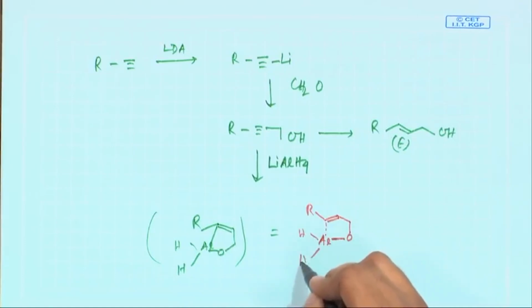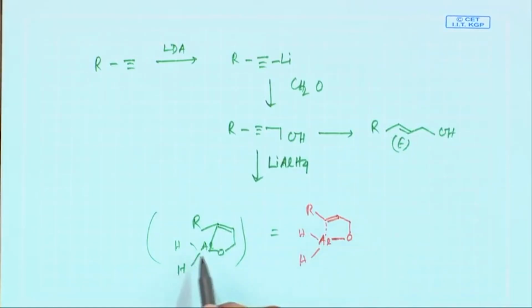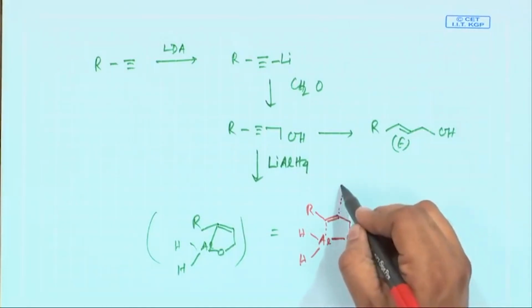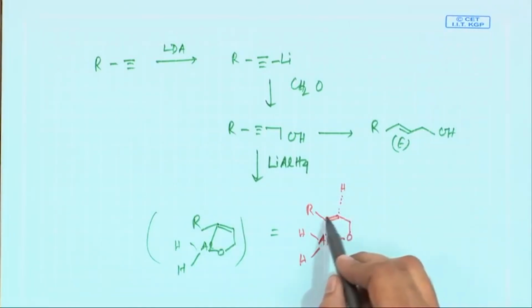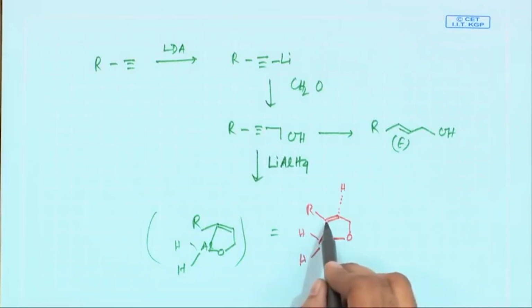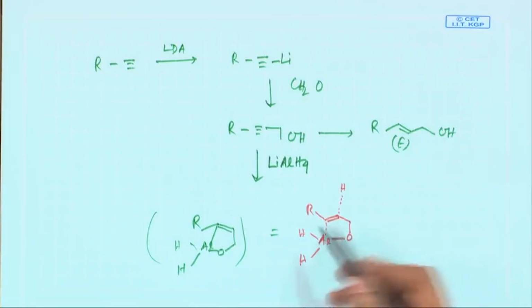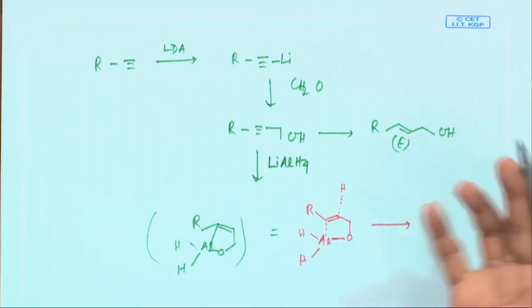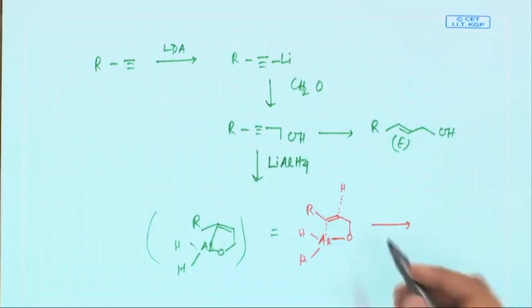Basically, initially lithium aluminum hydride will transfer one hydrogen from here, and then this oxygen, the Lewis basic site, will coordinate with the aluminum and give this cyclic aluminate ester. Now this carbon-aluminum bond will be hydrolyzed by whatever electrophile you use.